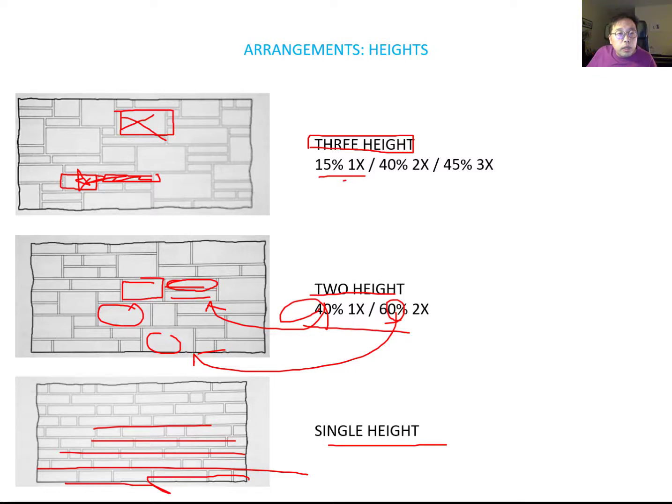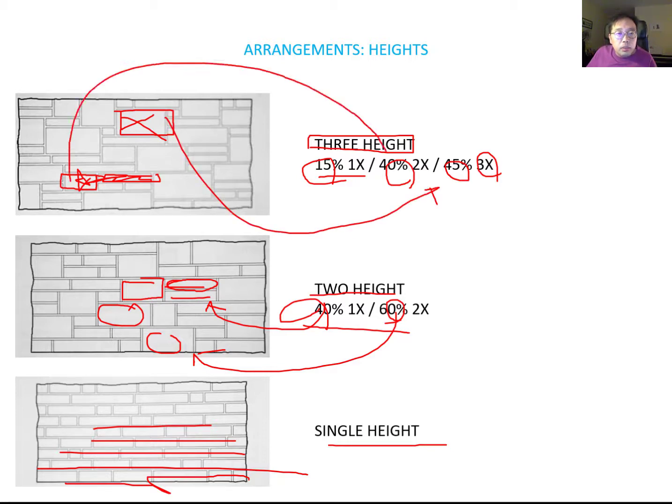The single height space is around 15%, the double height space is around 40%, and the triple height space is around 45%. It is not a fixed number, but this is the common number you can find from existing elevations. That's how you can use it.